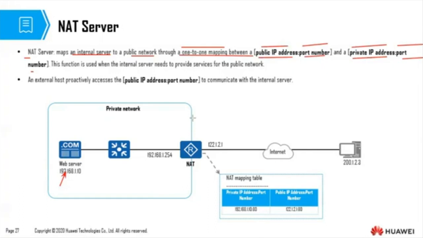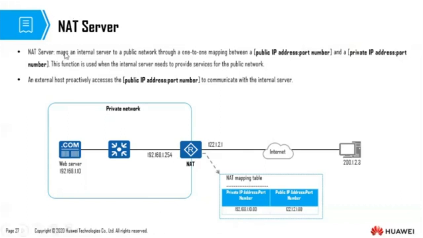So in your egress device, you are going to have the one-to-one mapping between a public address and the well-known port, and the private address and the well-known port. It's one-to-one. So this public address cannot be used really with any other device. That mapping of that and that port cannot be used with any other device.